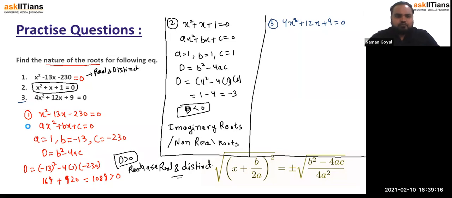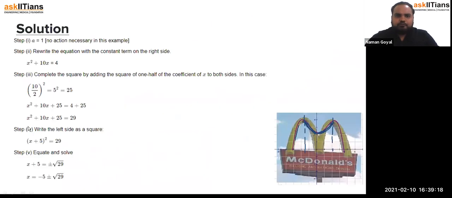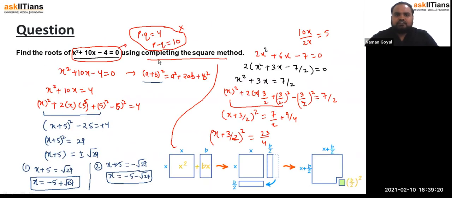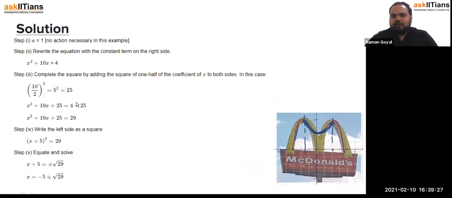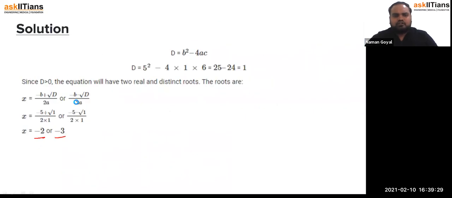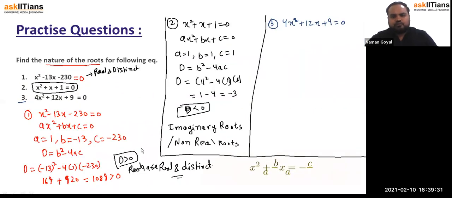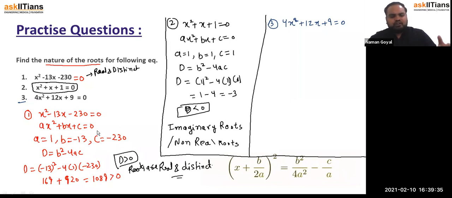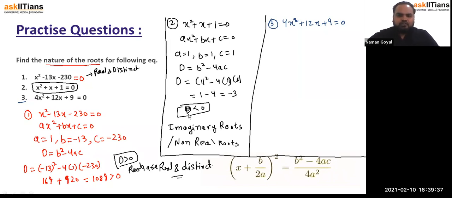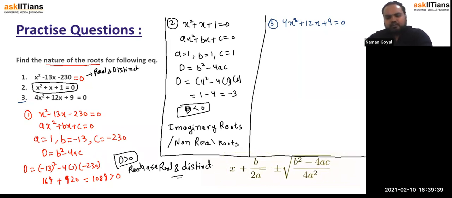So as I told you before, if we want to use completing the square, then we have to make the coefficient of x square as 1. But here it is not necessary, it is not compulsory. If you take the coefficient of x square as given in the question, then it will take the same time to solve. Okay, it never becomes simple.